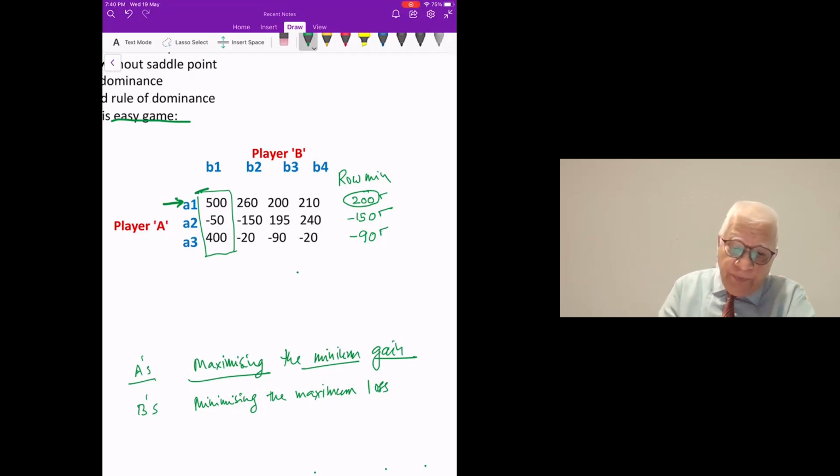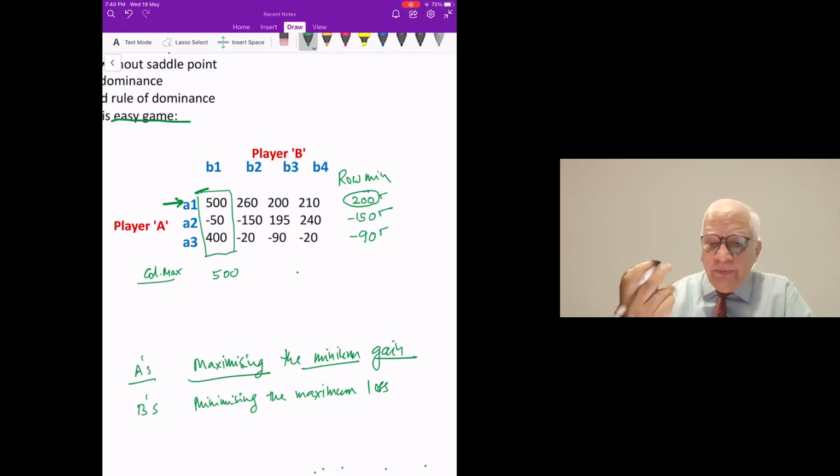So I'll write the maximum loss. This is row minimum. Now this is column maximum. Column maximum is a loss of 500 to player B. Now from strategy B2, similarly, the loss would be the column maximum, that is 260. For column B3, the loss would be the highest number in column B3.